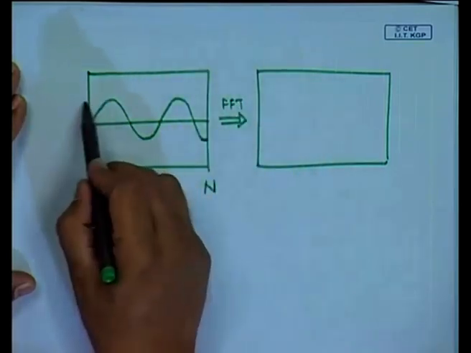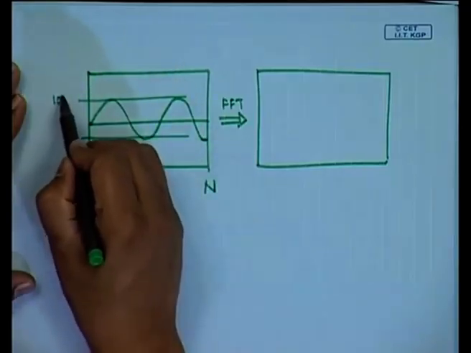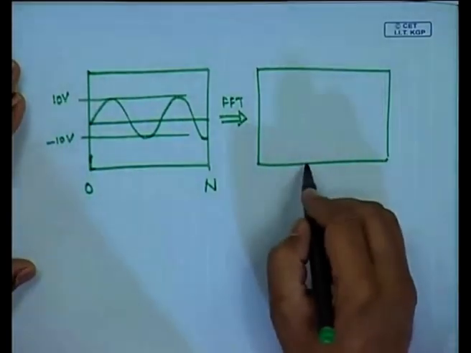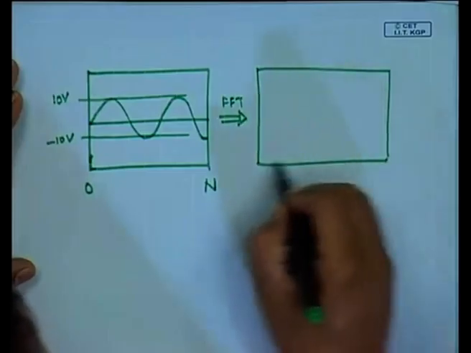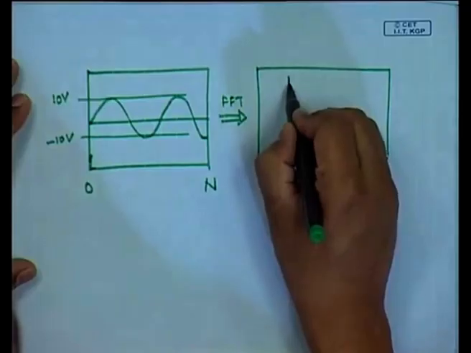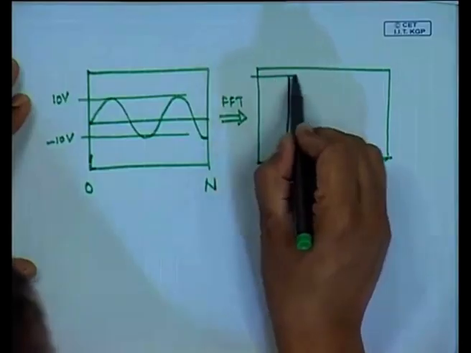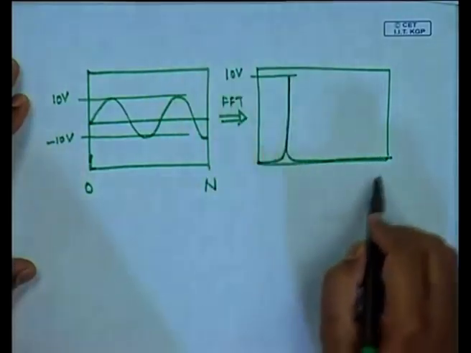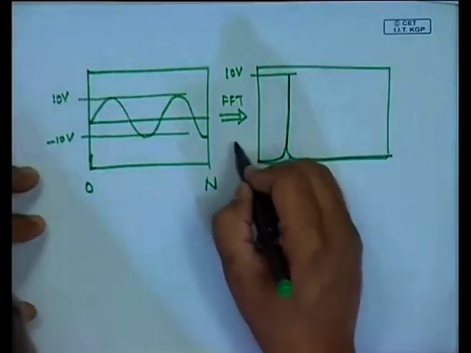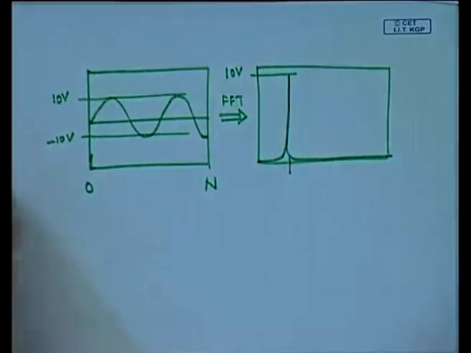So, if this was a pure tone signal, in the FFT, if I were just to plot the magnitude, I should be seeing one peak, and this should be of 10 volt, at the frequency corresponding to the frequency of the signal. But you will see in some instances what happens.